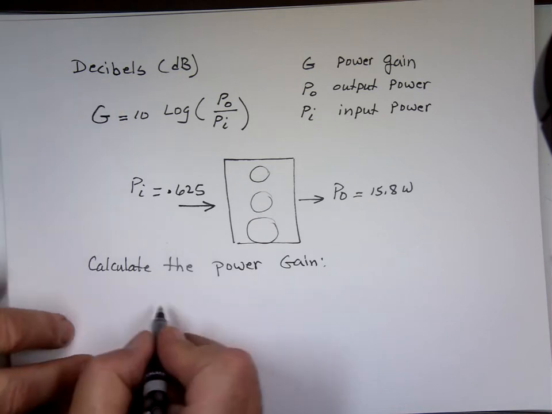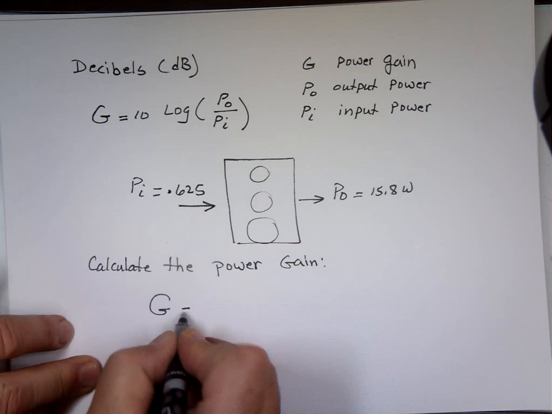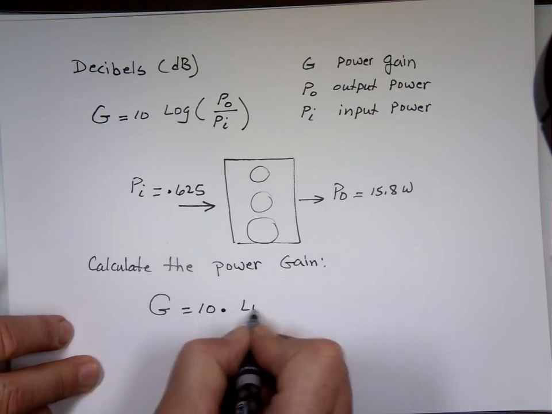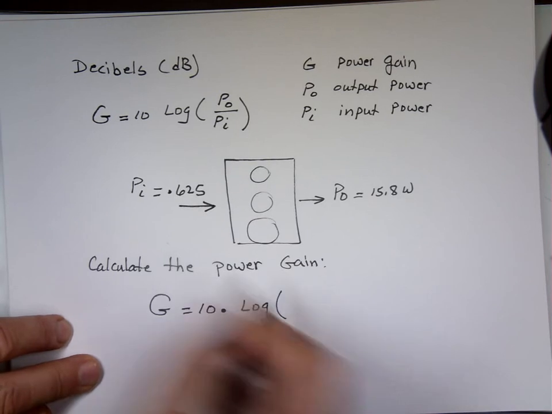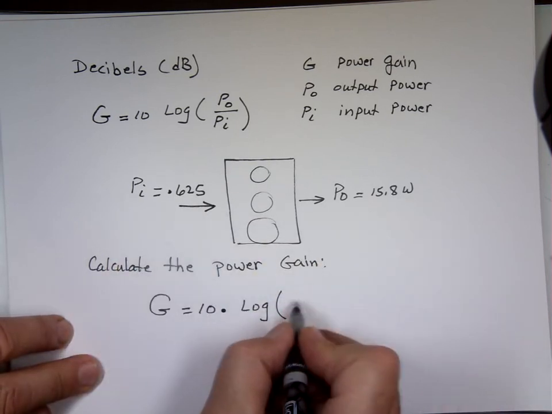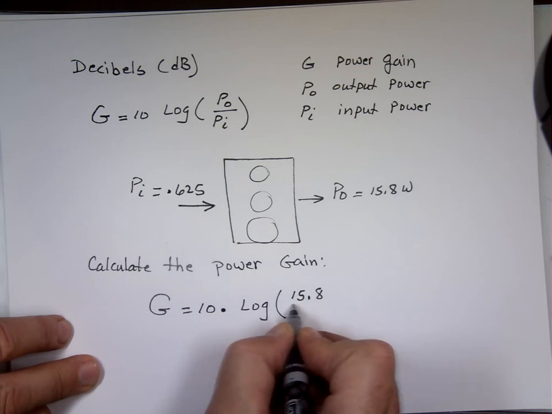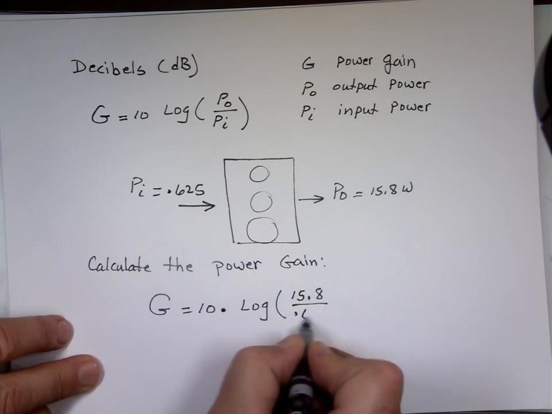The power gain of these speakers is 10 times the log of power output over power input. What's my output power? 15.8 divided by what? 0.625.